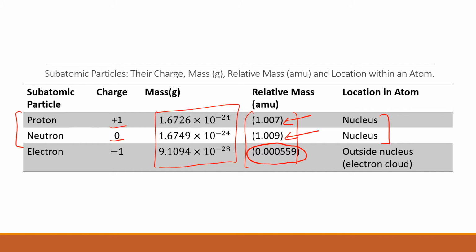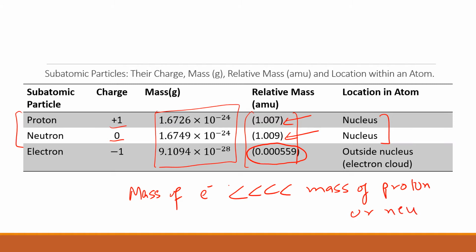So we can say that the mass of an electron is negligible as compared to the mass of a proton or neutron.